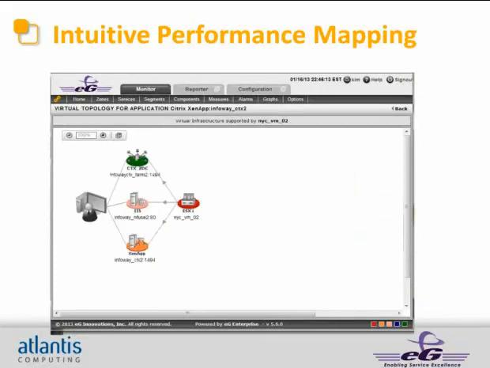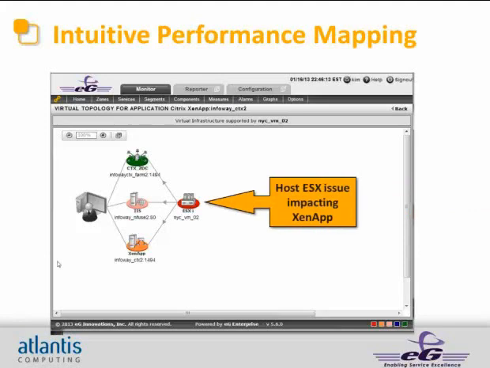So if you notice, this is our top-down approach where we are looking at services, how the users are impacted, and how the applications are working together for this service, and eventually down to the infrastructure layer. You can notice that this XenApp is actually being run on an ESX virtualized host, which seems to be having the most critical problem.